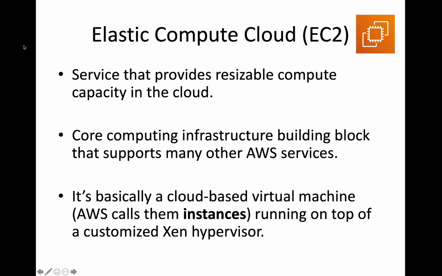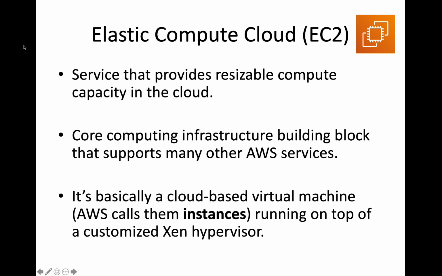And we use EC2 as a building block component when building out our cloud architectures and platforms. We use it to support applications and services running in the cloud. And actually, AWS uses EC2 under the hood as a building block component for many of the other managed services that it delivers to customers.